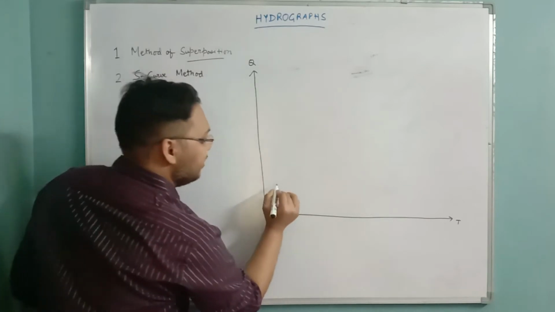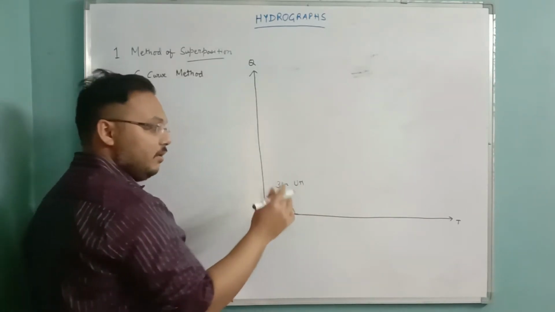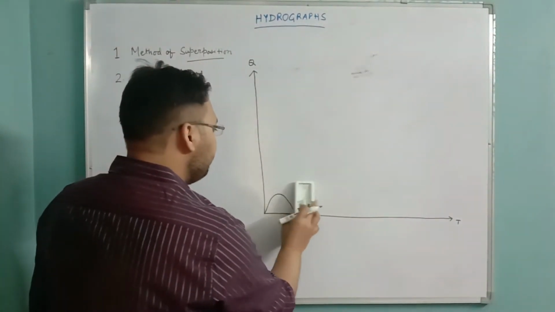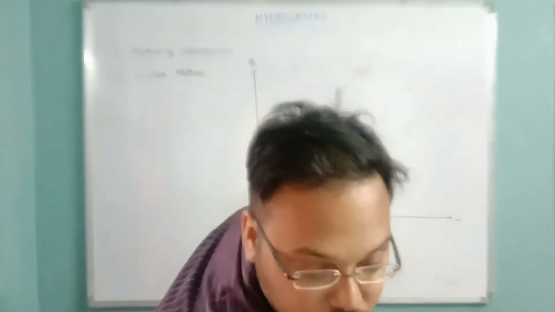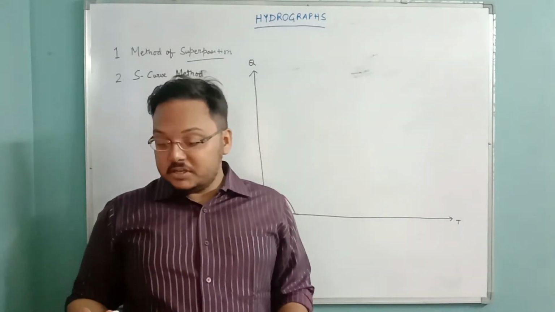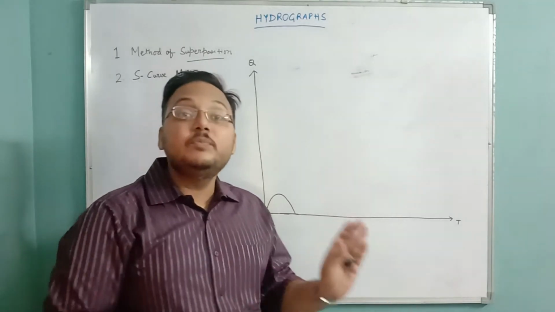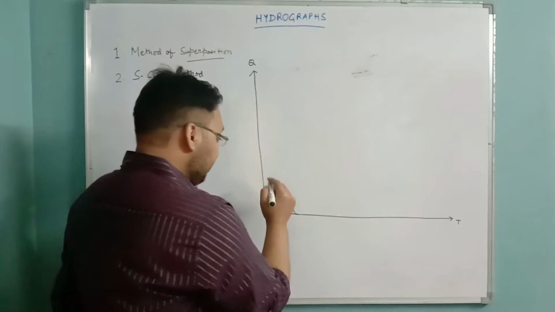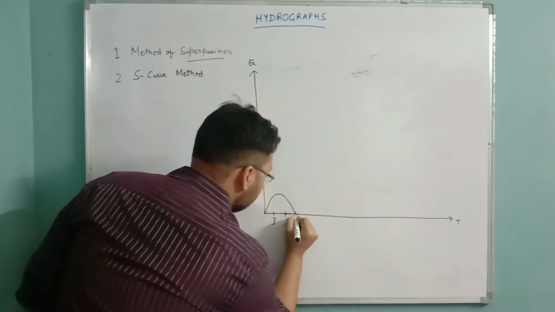Suppose this is a 3-hour unit hydrograph. Now, as in the third point I was talking about in the presentation, it is obtained by summation of an infinite series of D-hour unit hydrographs spaced D hours apart. So in this we have 3, 6 and 9.